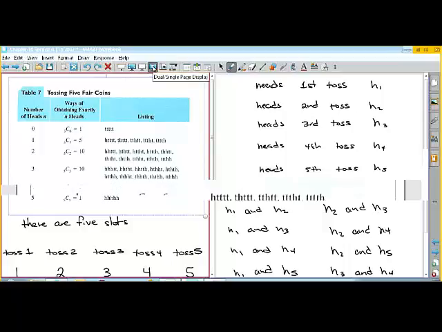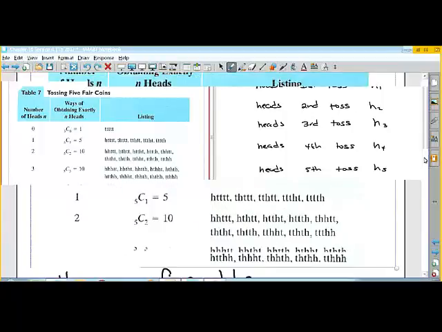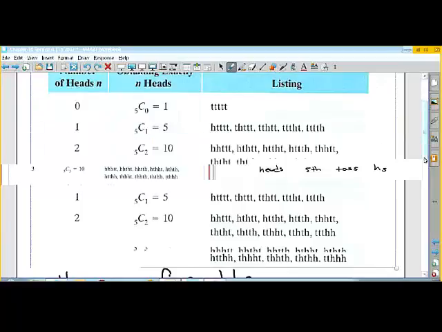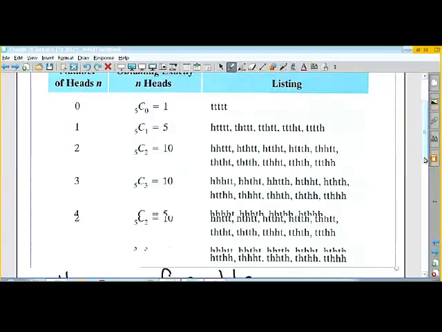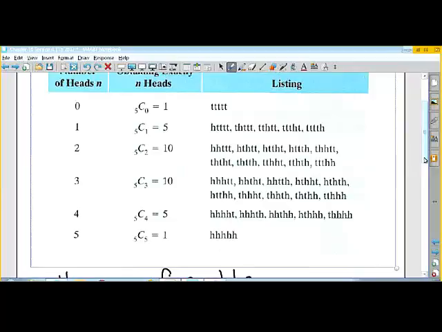You can use combinations to predict not only the total number of different arrangements, because the total number would be based upon the fundamental counting principle, a 5-step process, 2 times 2 times 2 times 2 times 2. What I'm doing here to find how many out of those 32 are 0 heads, 1 head, 2 heads, 3 heads, 4 heads, 5 heads, I can end up using the combination formula to get the results.